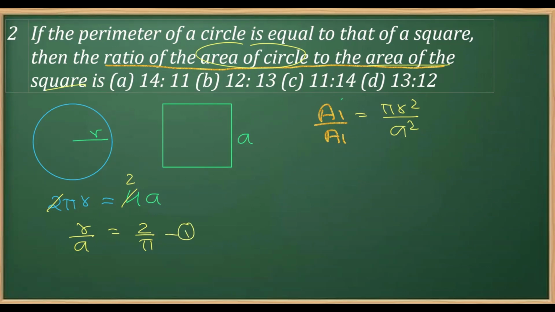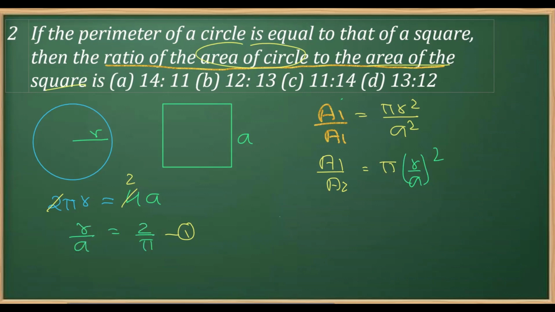Now if I continue writing this as A1 over A2, I can write this as pi times r over a, whole square. I did this so as to use r over a.